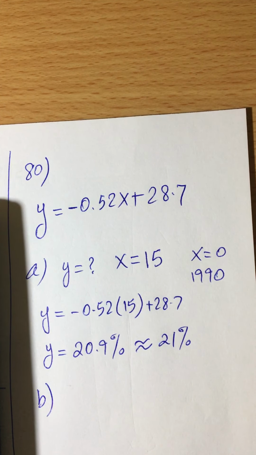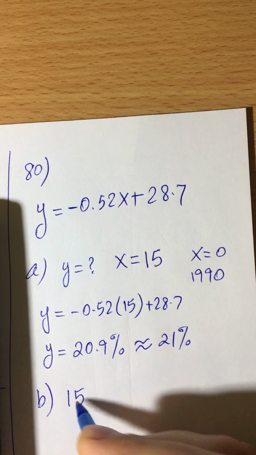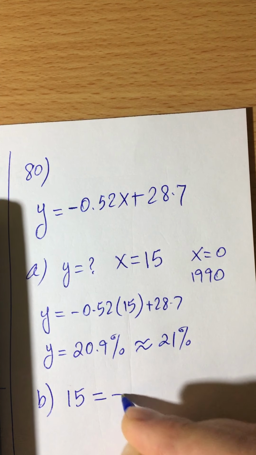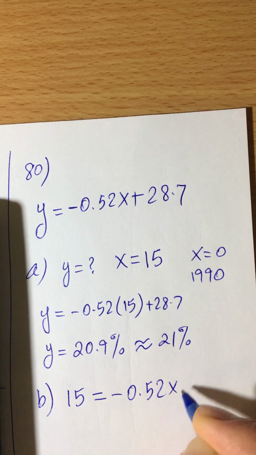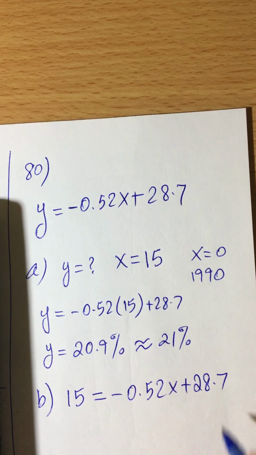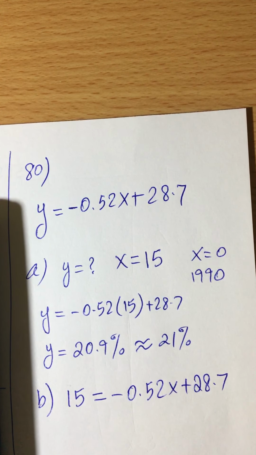Part B, the percentage of smokers is projected to fall below 15%. So now you have the y value. It's very similar to the other problem. And you want to find x. So I'm not gonna finish this, you guys can finish it. Well, let's just do it.